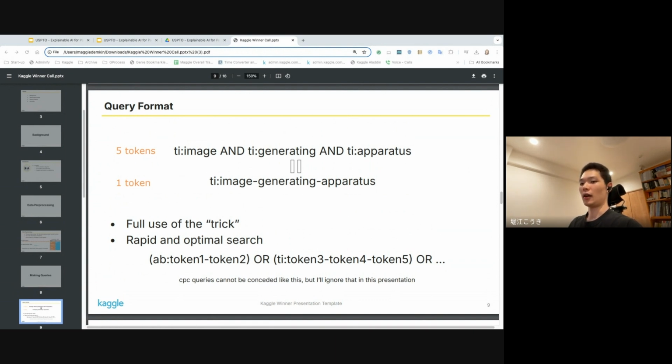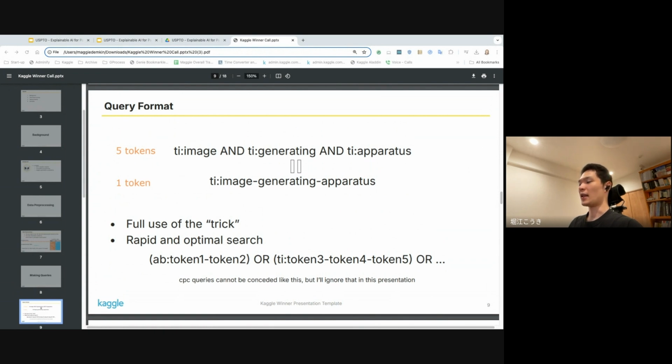To make full use of this trick, and to allow rapid and optimal search, I limited queries to the following form. So I have subqueries made using the trick, AB abstract token 1, token 2, and I have another subquery TI title token 3, token 4, token 5, which are connected by the OR token, and so on.